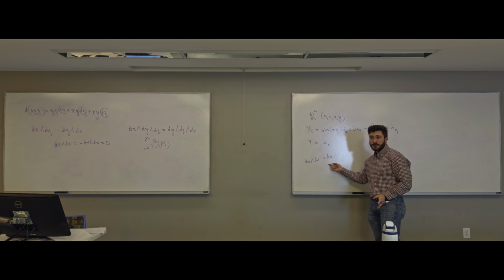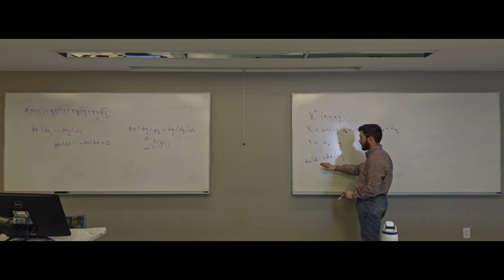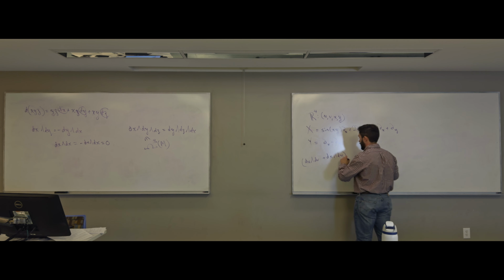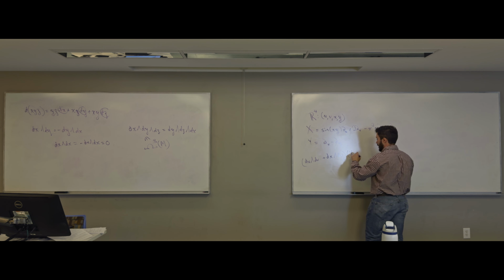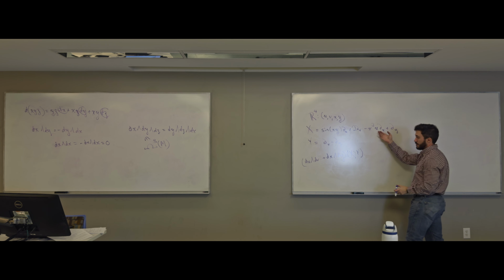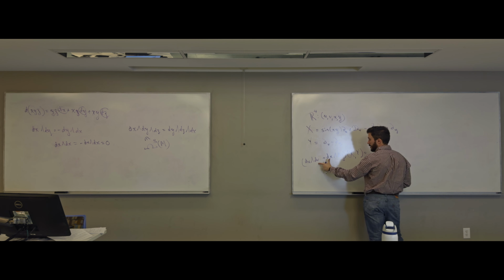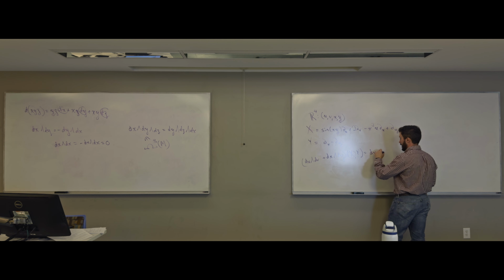If I have a differential 3 form, it eats 3 tangent vectors, and so on. So this is a 2 form. As you see, it's a linear combination of basis 2 forms. And I should be able to plug in X and Y and get some kind of numerical result. Well, if I plug in vector fields, I get a function result, but it's fine. So this ends up being the sum. So I can just individually evaluate these.